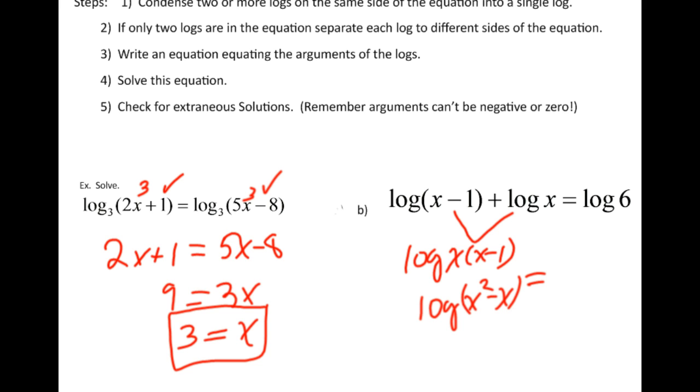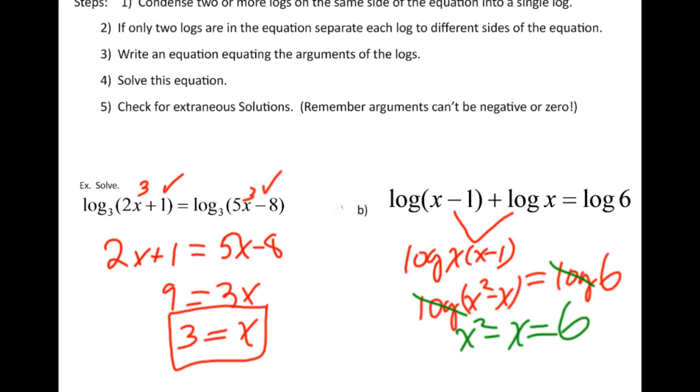Well, that equals the common log of 6. Now, since I have a single log on the left and a single log on the right, can't I drop the logs and solve the arguments? Sure I can. So when I do that, I get x squared minus x equals 6.